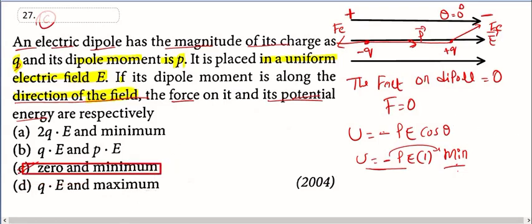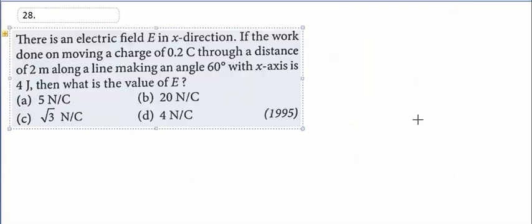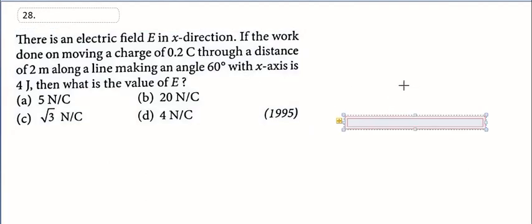So let's move to the next question. Question number 28. There is an electric field E in the x direction.